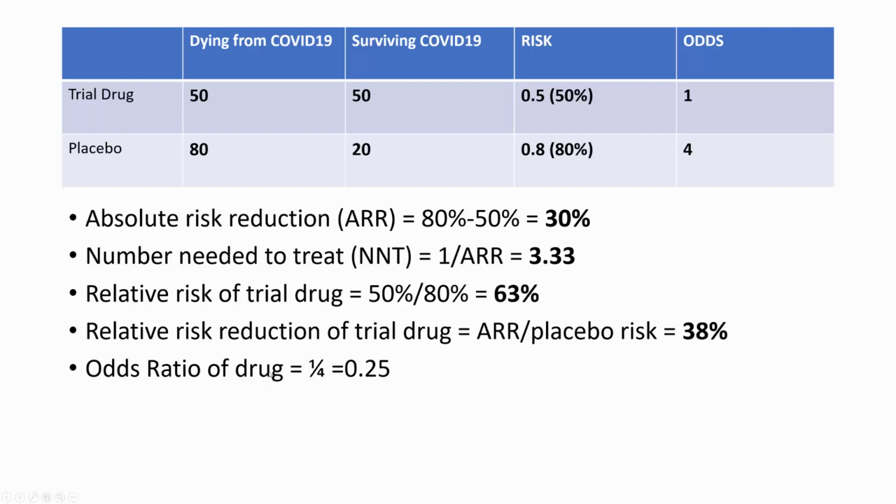So I just talked a lot about risk reduction, but the odds ratio of the drug is actually the odds of the trial drug group divided by the odds of the placebo or the control group. So that's 1 1/4 or 0.25. So these are all just raw numbers that I've generated, but how do we know whether or not these are statistically significant? So we'll go to that in a second.